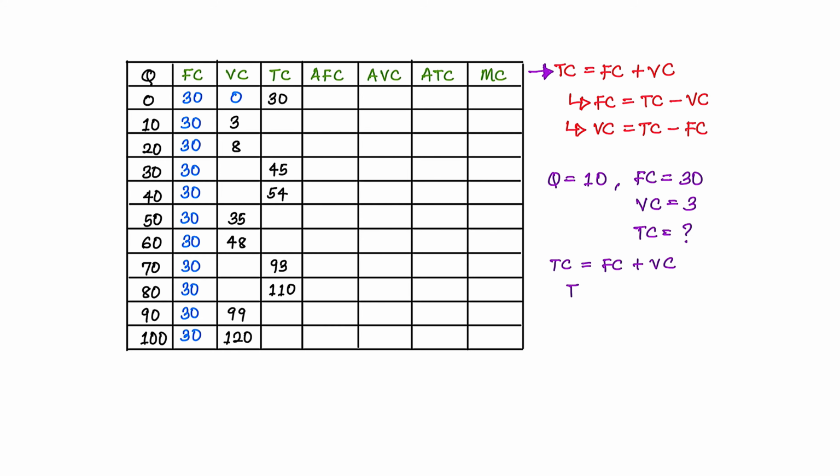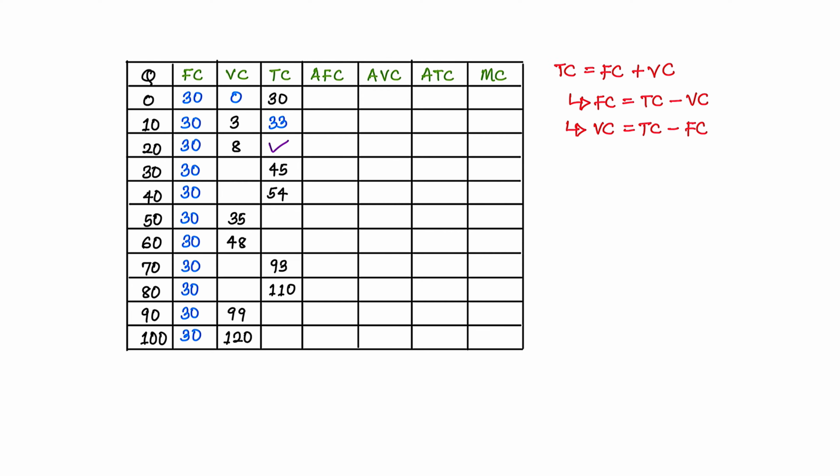So that means our total cost is equal to the fixed cost of 30 plus the variable cost, which is 3. So total cost equals 33. So when output is 10, total cost is 33. So the summation of the fixed cost and the variable cost gives us our total cost, which is 33. Next is this box here.